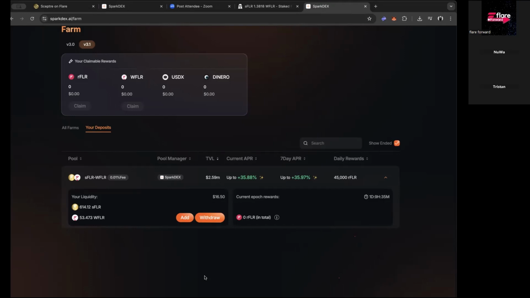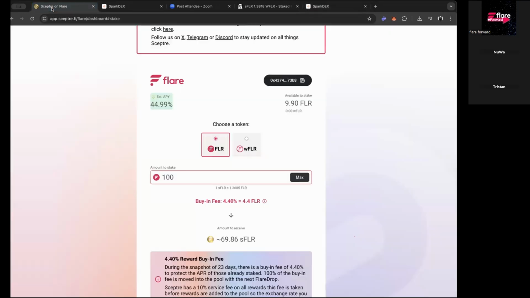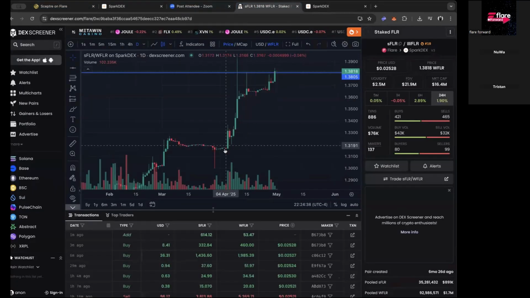Because one week before Flare drops, I readjust my range to be snug like this, where you're mostly being long. What we're doing is making a long position in an AMM because you know that SFLR is going to appreciate in price. So you're riding that wave of appreciation.